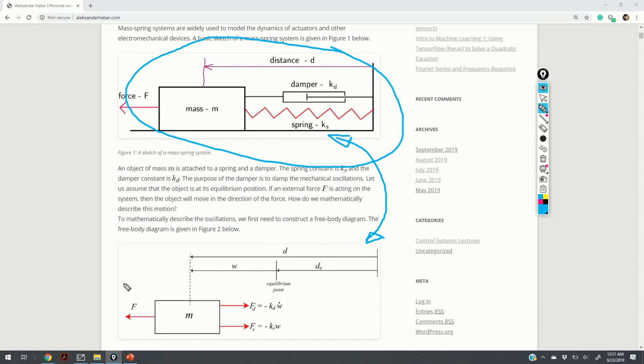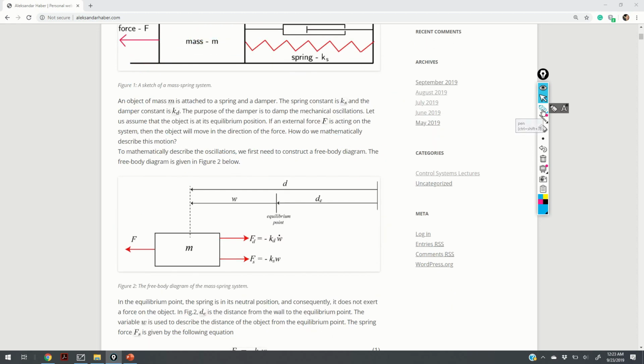In our case, the free body diagram has the form given in figure 2. We can replace the action of a spring on the body by a spring force, and the action of a damper on the body by a damper force. Of course, we have the force F. Now, we will look at the system behavior with respect to its equilibrium point.